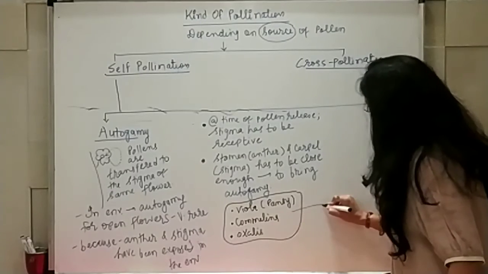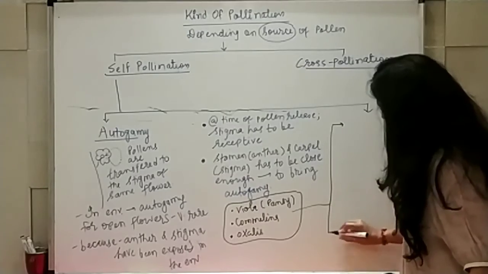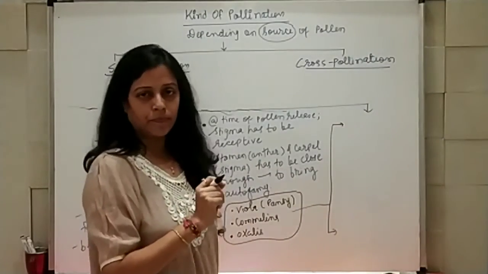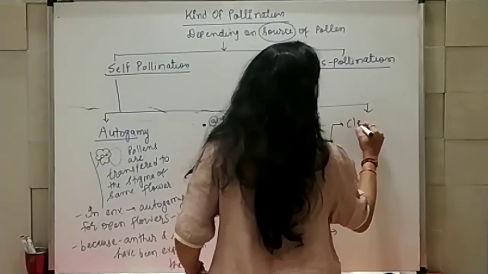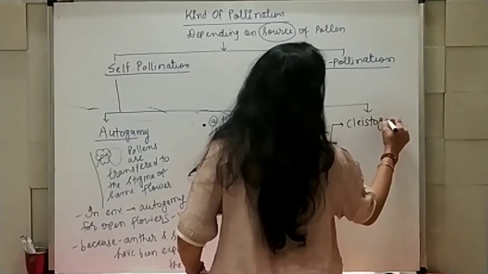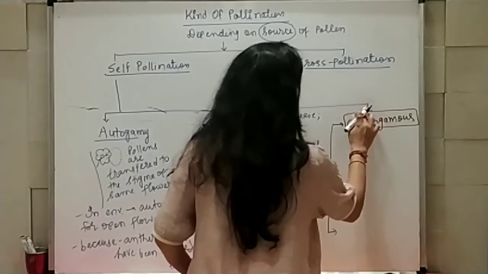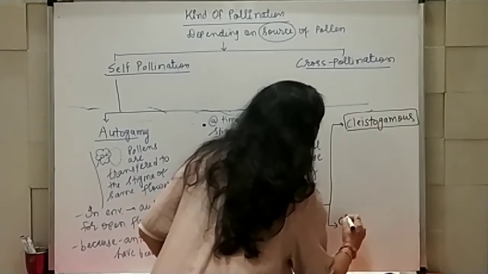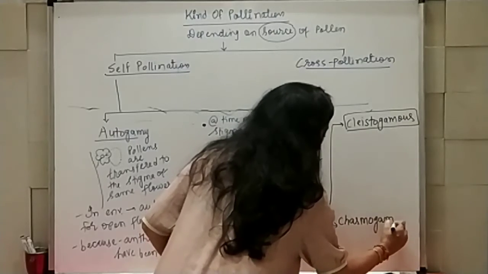Those are, here I am writing, so two different types of flowers can be produced in viola, Commelina and oxalis. They produce cleistogamous as well as the chasmogamous flower.